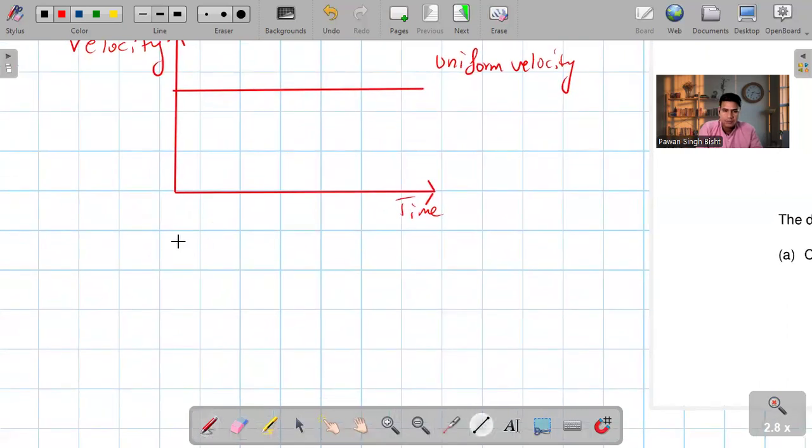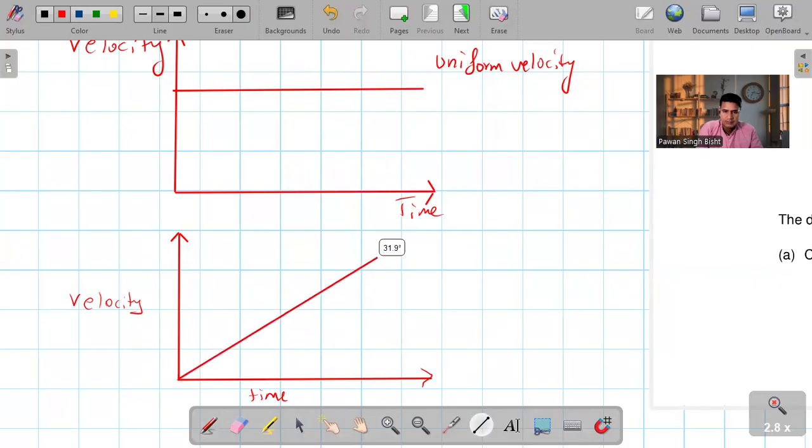If graph is going like this, suppose this is y-axis and then this is x-axis, okay? And again this is velocity and this is time, okay? And your graph is like this. So this is called uniform acceleration, right?